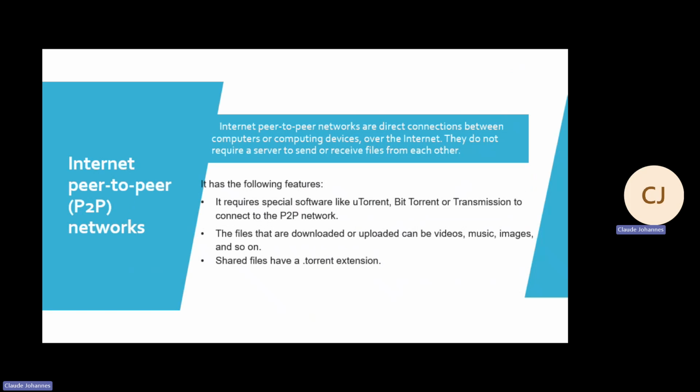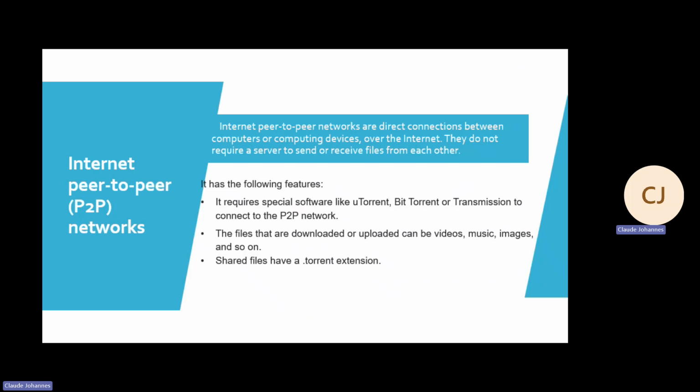Internet peer-to-peer networks. This kind of network is directly connected between computers or computing devices over the internet. They do not require a server to send or receive files from each other. The features of this kind of network: it requires special software like uTorrent or BitTorrent to connect to the peer-to-peer network.